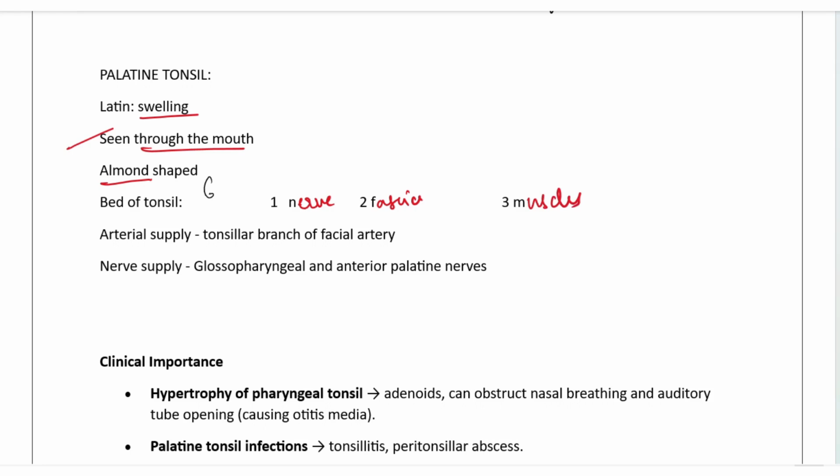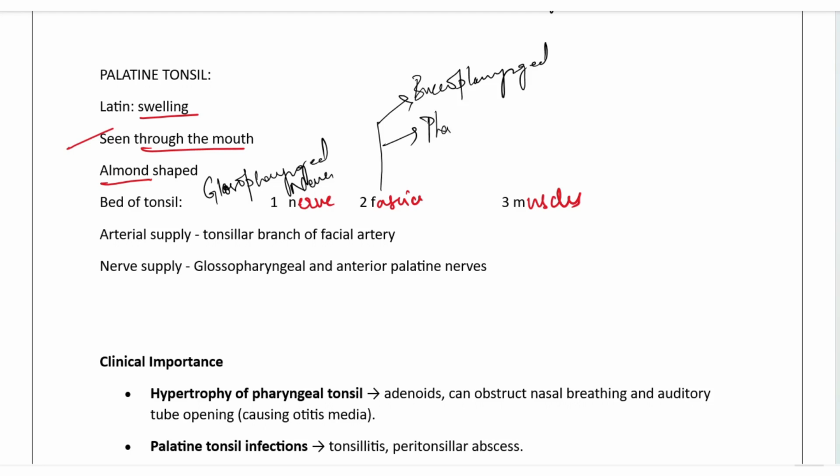The one nerve will be the glossopharyngeal nerve. The two fascia are the buccopharyngeal fascia and the pharyngobasilar fascia.